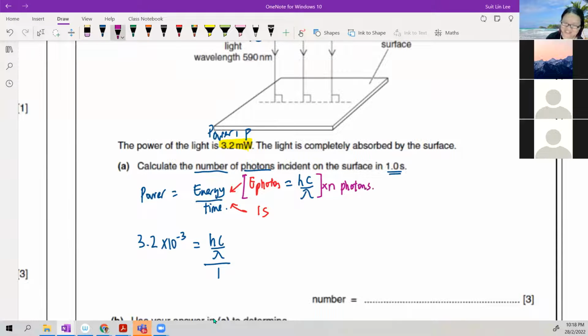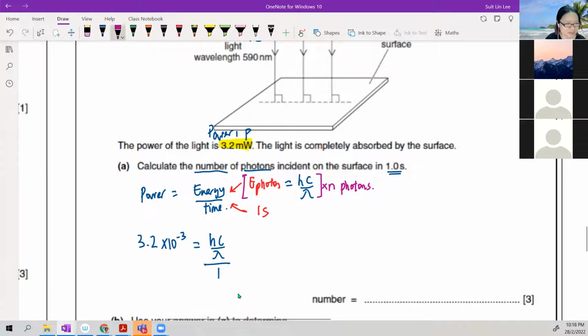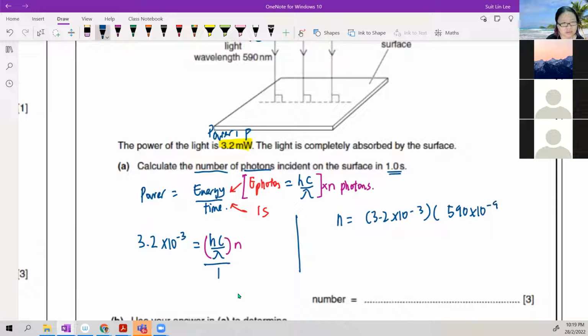To get 1 photon is like saying, oh, there's 1 electron, my dude. To isolate out the electron is hard work, man. There's a lot of it. So simple. Multiply by n. Okay. So I guess we'll find n. n will be equal to 3.2 times 10 to the power of -3 multiplied by wavelength 590 nano divided by 6.63 times 10 to the power of -34 times 3 times 10 to the power of 8.